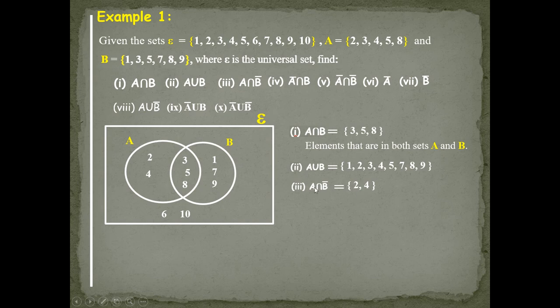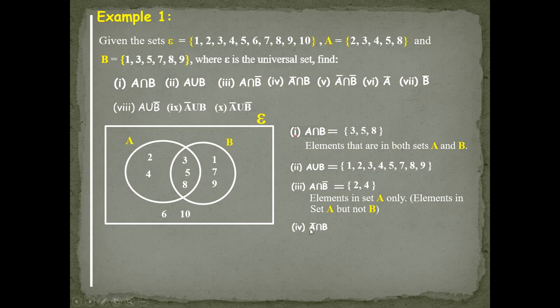So since I'm dealing with intersection, I will take elements that are in the region that is shaded twice, and you realize that it will be this part that has elements 2 and 4. So those are the elements in set A only. Elements in set A but not B.